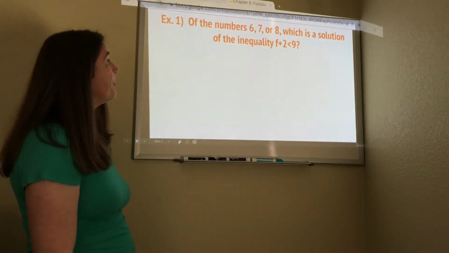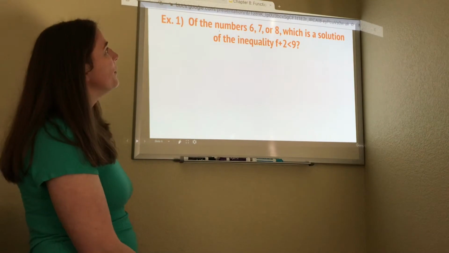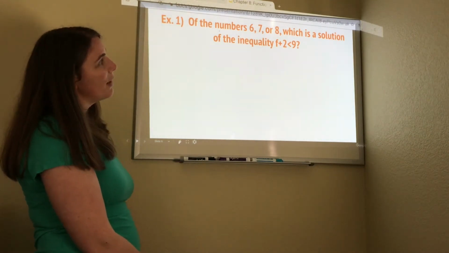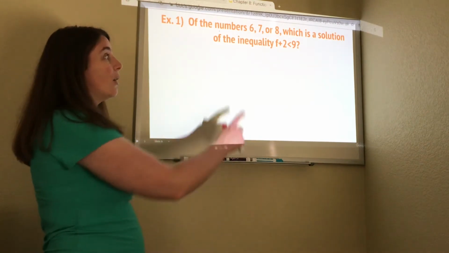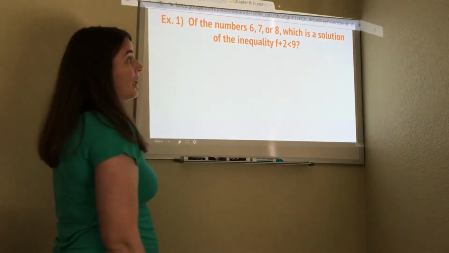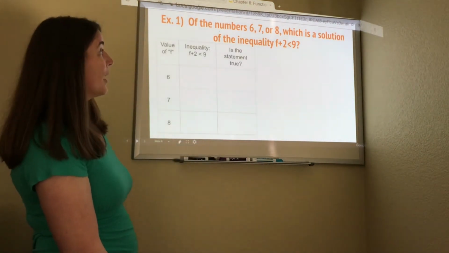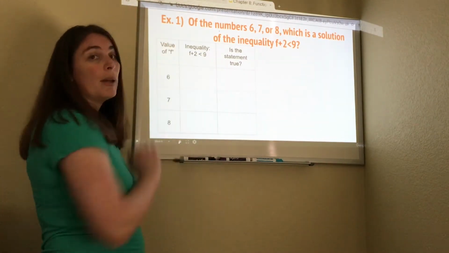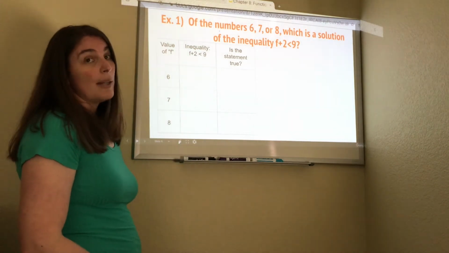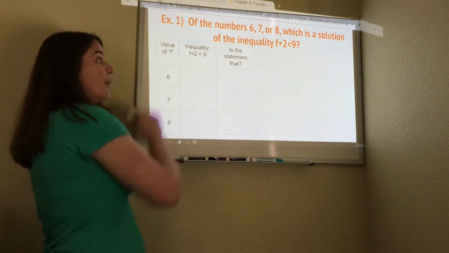So let's get started. Here's example 1. Of the numbers 6, 7, or 8, which is the solution of the inequality f plus 2 is less than or equal to 9? You've seen this before. It's a similar table that we used with the equations, but now we're going to use it with inequalities.